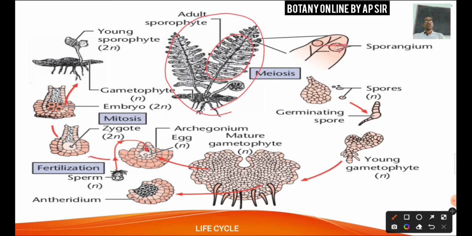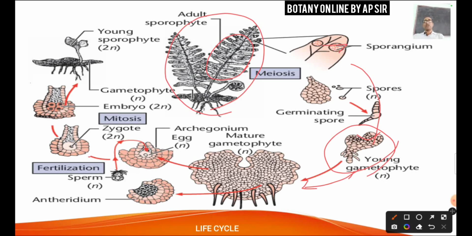The spores on germination produce a young gametophyte which develops to form the prothallus. The prothallus bears antheridium as well as archegonium, depending upon whether it is a monoecious or dioecious species.